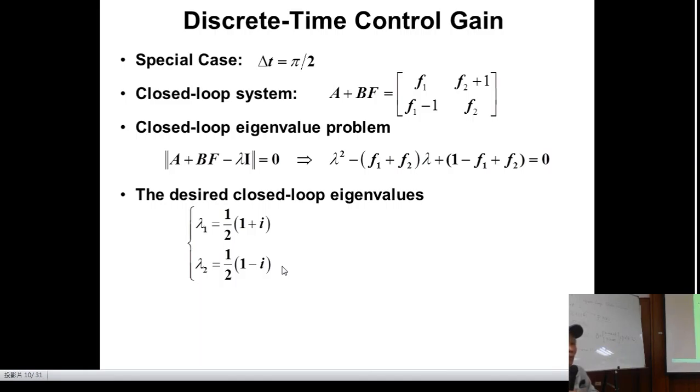I already taught you in your midterm problem: for a discrete time model, the eigenvalue must be within the unit circle so that the discrete time model system is stable.